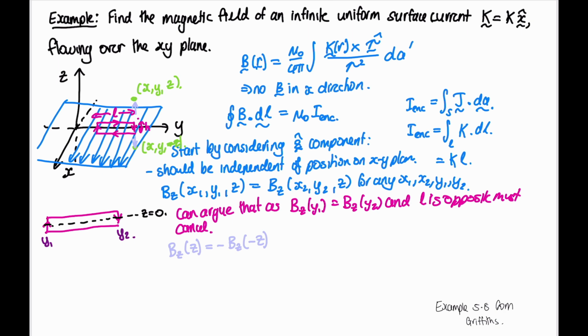So another argument that we can use to argue that this part doesn't contribute is that the part up here must cancel out with the part down here, because the magnetic field here has the opposite sign but same magnitude as the part out here.